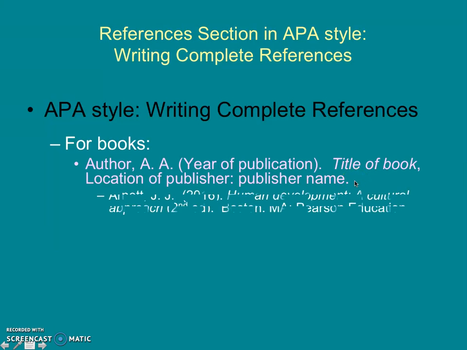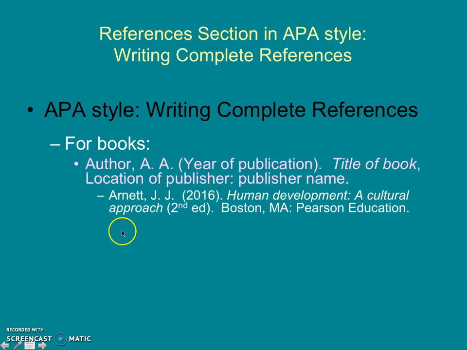Let me show you an example. So this is an example of your textbook. Here's the author's last name, comma, his first and second initials. Notice the parentheses in the year, followed by a period. This title is all in italics, and this part at the end tells you that it's the second edition. Notice this is not capitalized. This is after the colon.